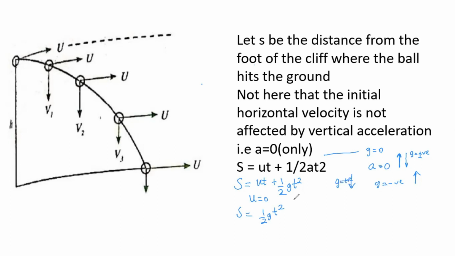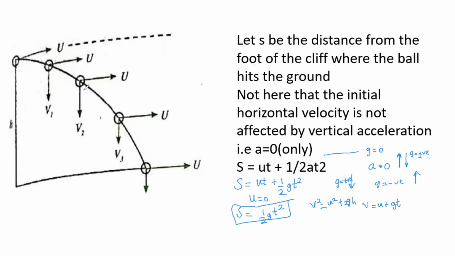So note this formula for us. And don't forget, v squared is equal to u squared plus 2gh. Then don't forget, v is equal to u plus a, which is gt.